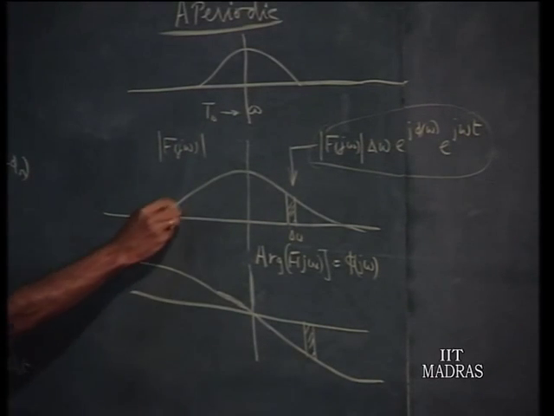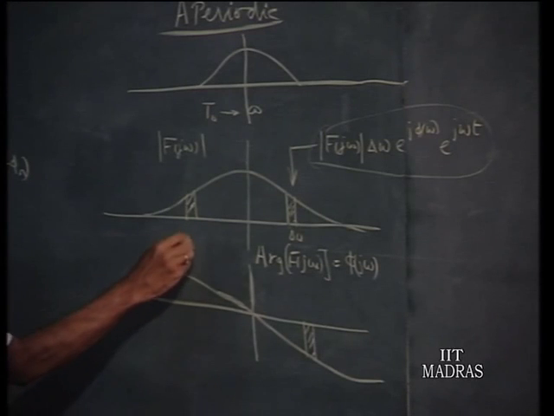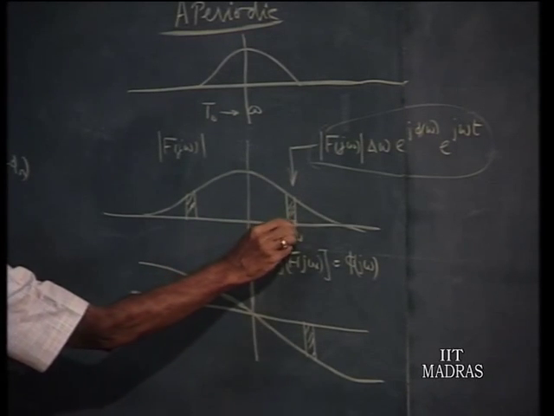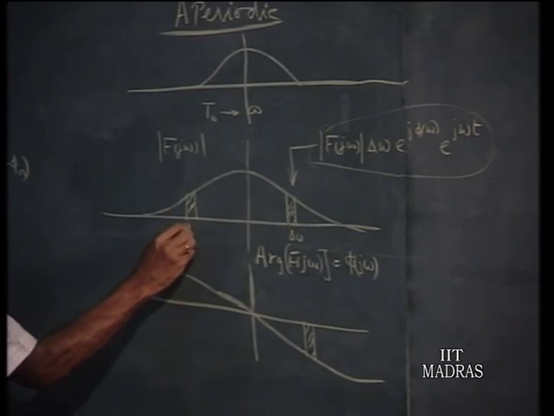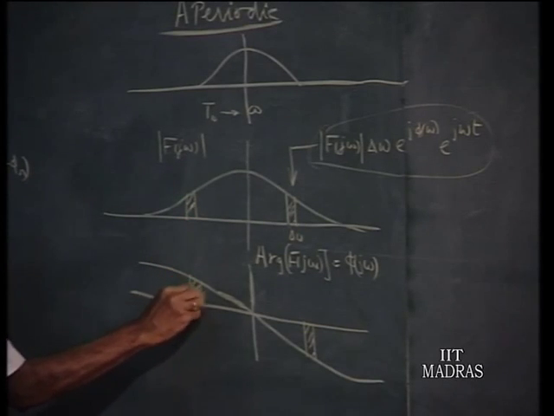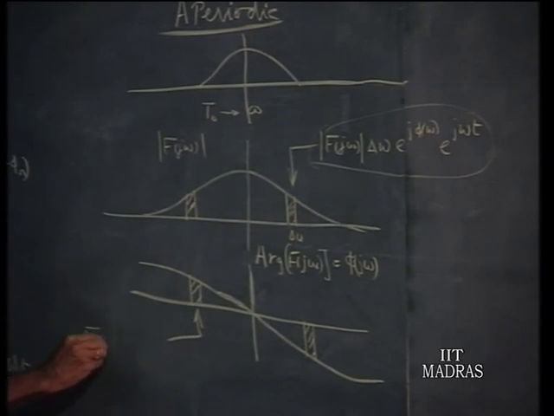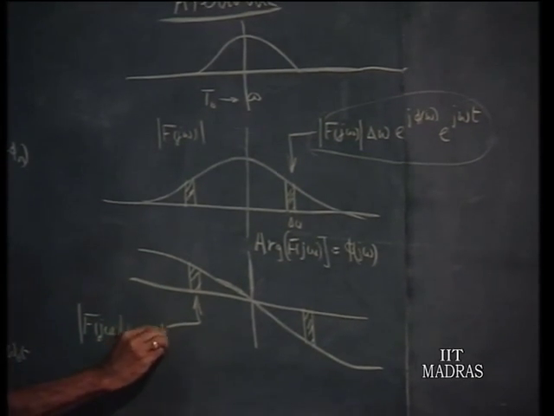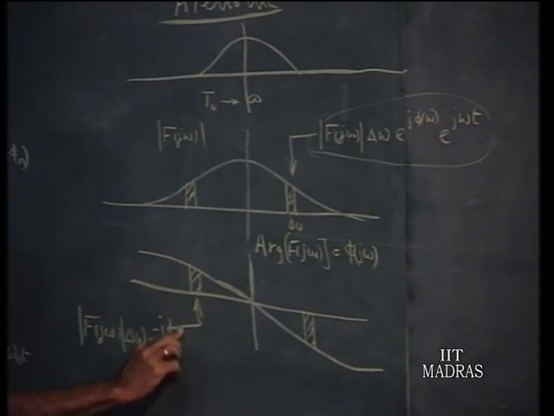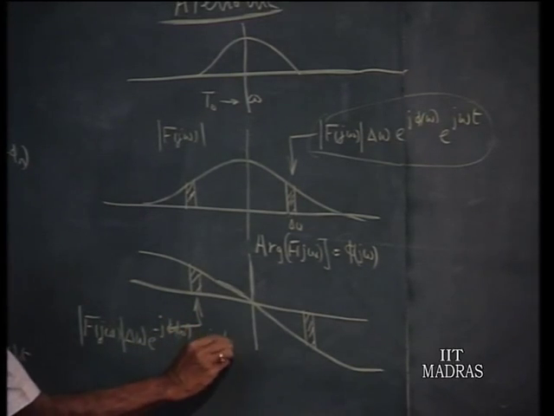Naturally, on the other side, if this is omega, this is minus omega, and again if you take two sections of the spectrum of width delta omega, these two together will give me F of j omega magnitude times delta omega times e to the power of minus j phi omega, e to the power of minus j omega t.